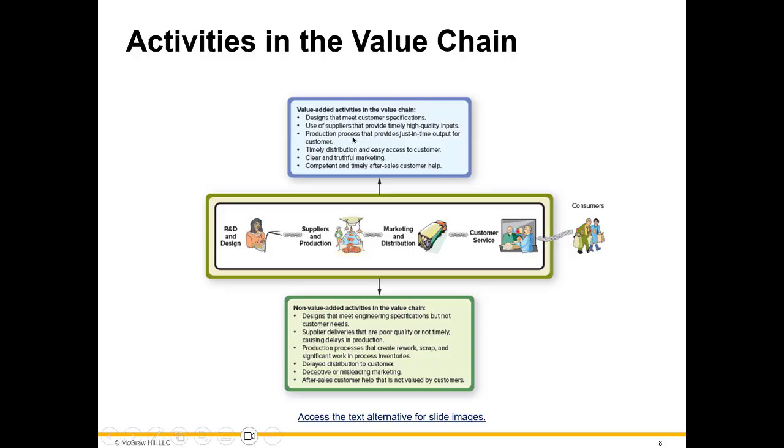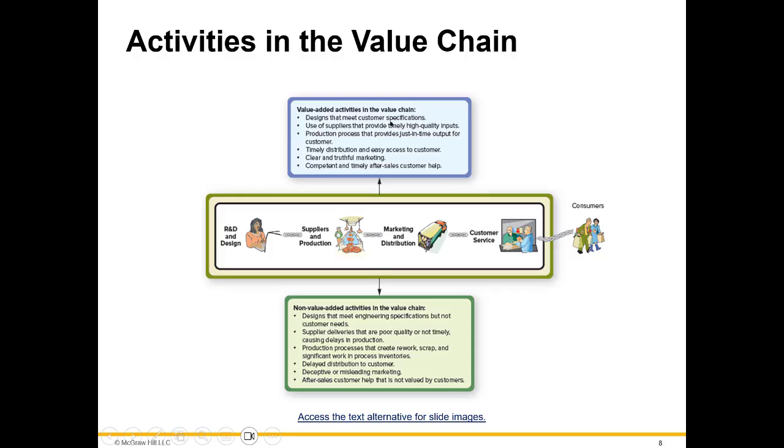The ones up top here are those that create value. The ones at the bottom here are the ones that do not create value. And so we can see that these are the four activities we just talked about: the R&D, interactions with suppliers and production, procurement, marketing and distribution, and then customer service after the sale.